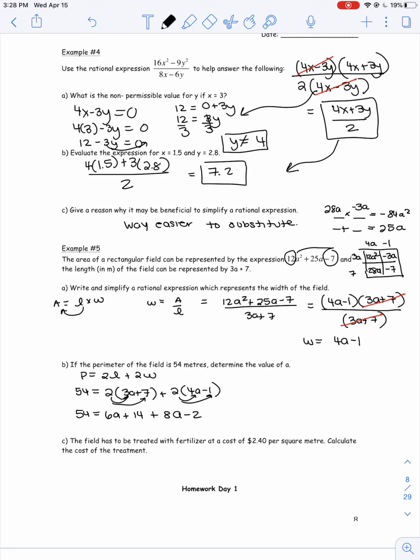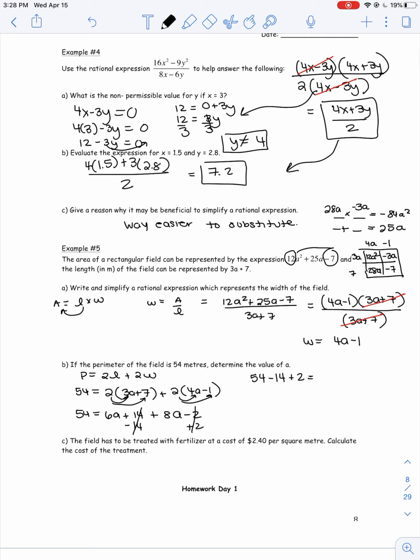We're going to put the a's together and then bring the numbers to the other side to solve for a. So 54, we're going to subtract 14 and we're going to add 2 because those are going to become the opposite. So that's how we get rid of those two guys.